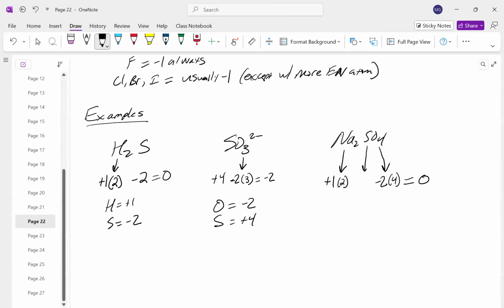So in this case, it has to be +6. So sodium is +1, oxygen is -2, sulfur is +6. Again, I want to emphasize, notice how sulfur does not have a constant oxidation state.